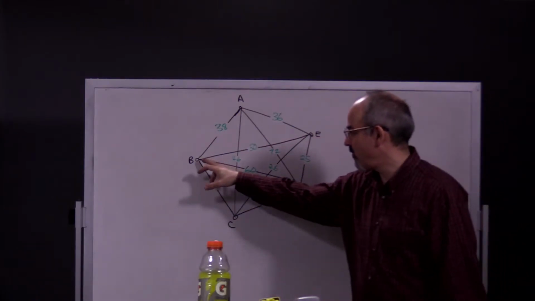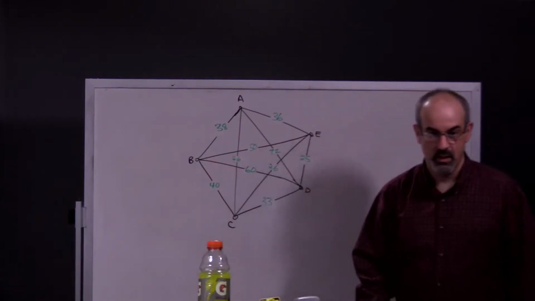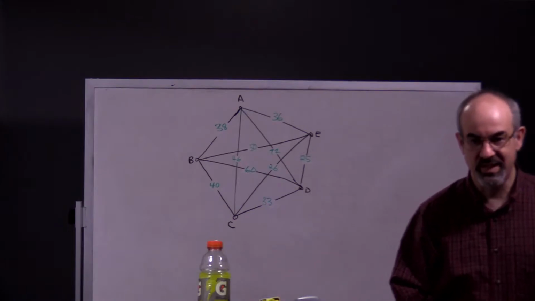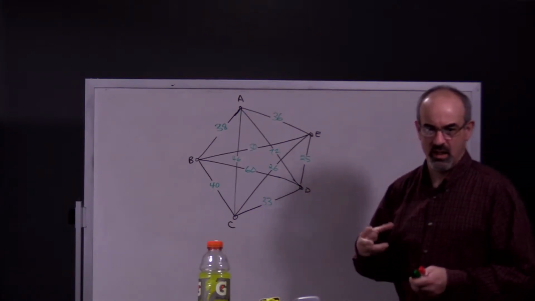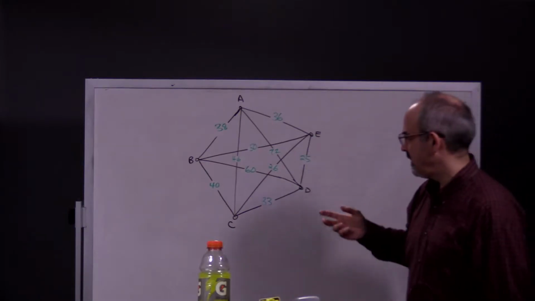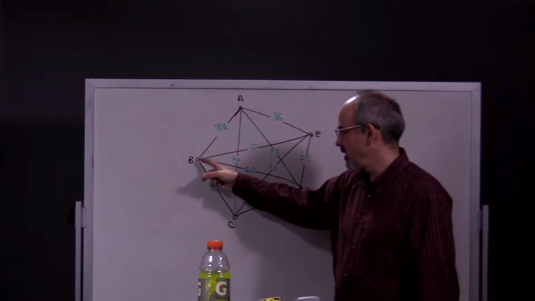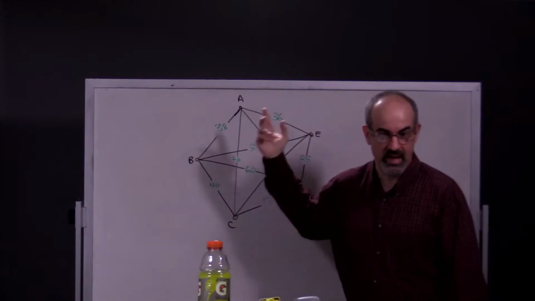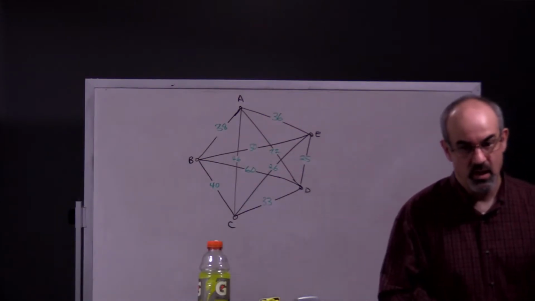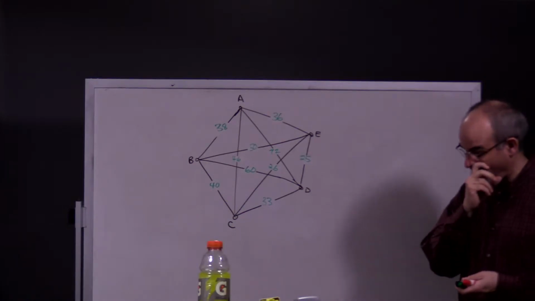In other words, you can't go from B to D to E to B. That's the same reason as the last one actually. It's rephrased differently. Because if you went from B to D to E to B, we're still not done. So then you'd have to go from B to A or B to C. So then you would have three edges coming into the same vertex, which you're not allowed to do.